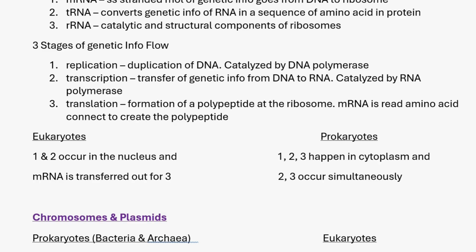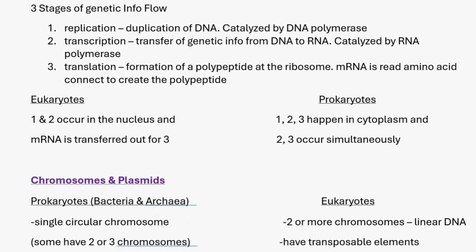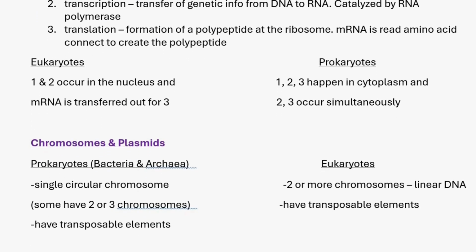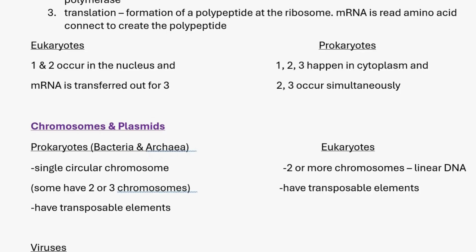In eukaryotic cells, replication and transcription occur in the nucleus, and messenger RNA is exported to the cytoplasm for translation. In contrast, prokaryotic cells perform all three processes within the cytoplasm, often simultaneously, due to the absence of a nuclear envelope.